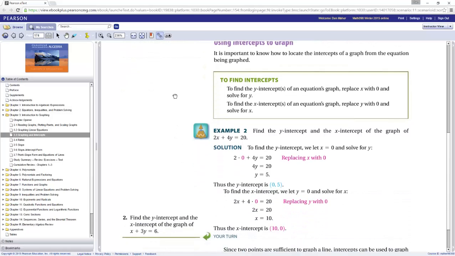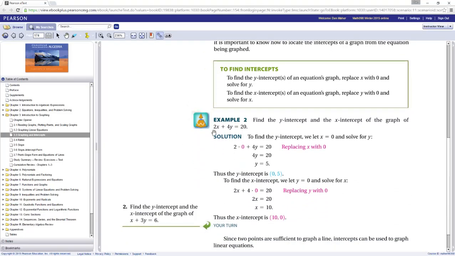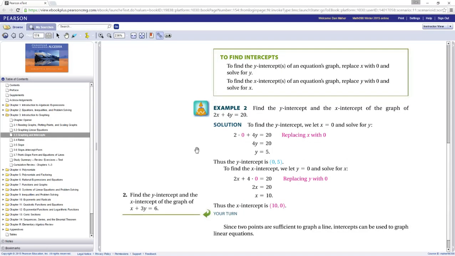So if I want to find an intercept of this equation 2x plus 4y equals 20, well, if I want to know where it crosses the y-axis, what happens on every point that crosses the y-axis? The x value is 0. So I put 0 in for x. And I end up with 2 times 0 plus 4y equals 20.